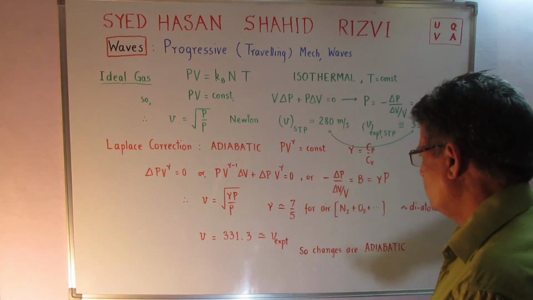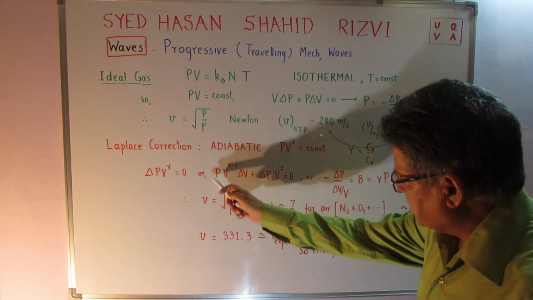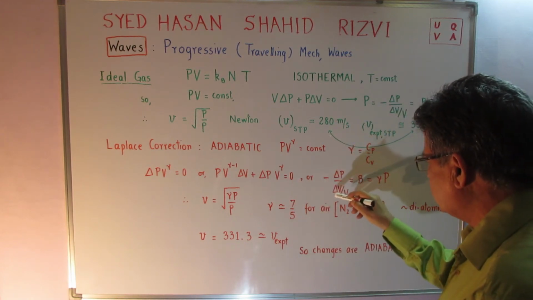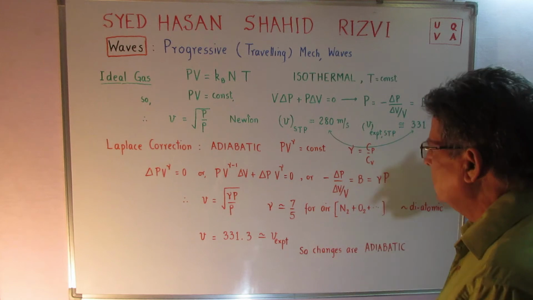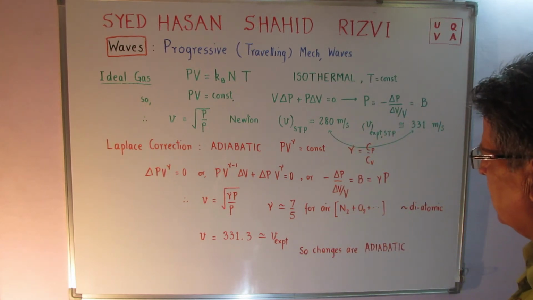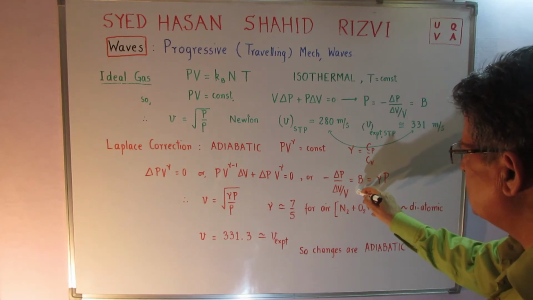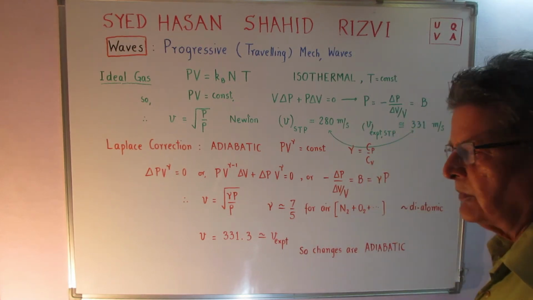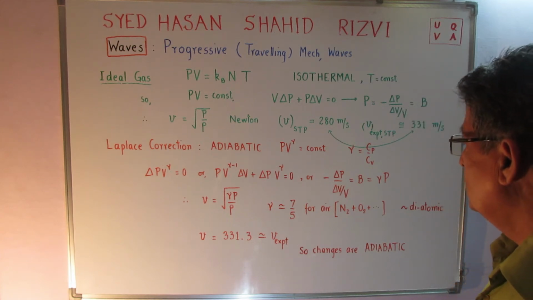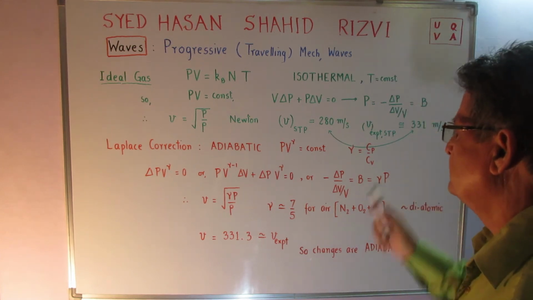This is equal to 0. So when I work it out, minus delta P upon delta V over V, the stress upon strain, is by definition the bulk modulus of the system, which turns out to be equal to gamma P.